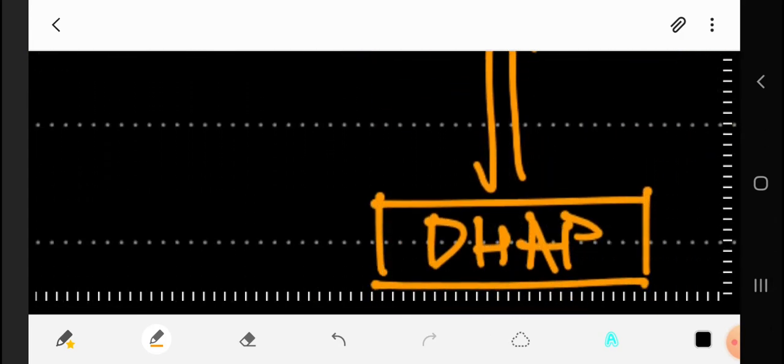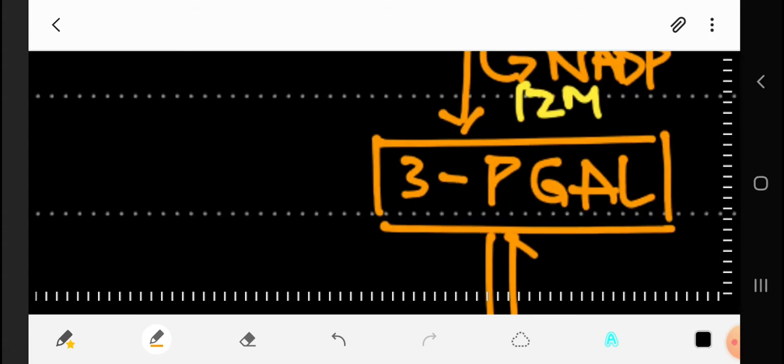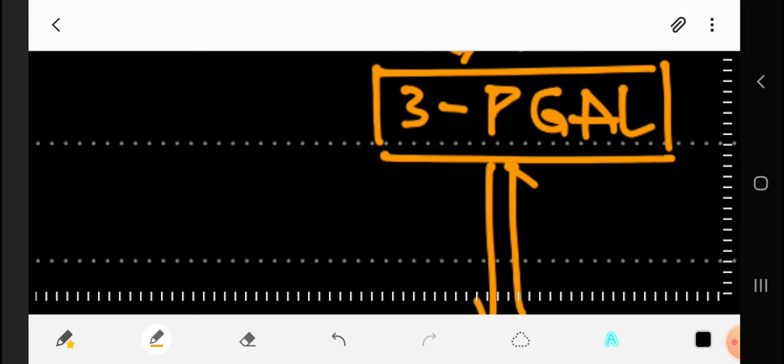So now this PGAL and DHAP, they're isomers and get converted. So if I have 12 phosphoglyceraldehyde, somehow it happens, because the exact way is a bit complicated.